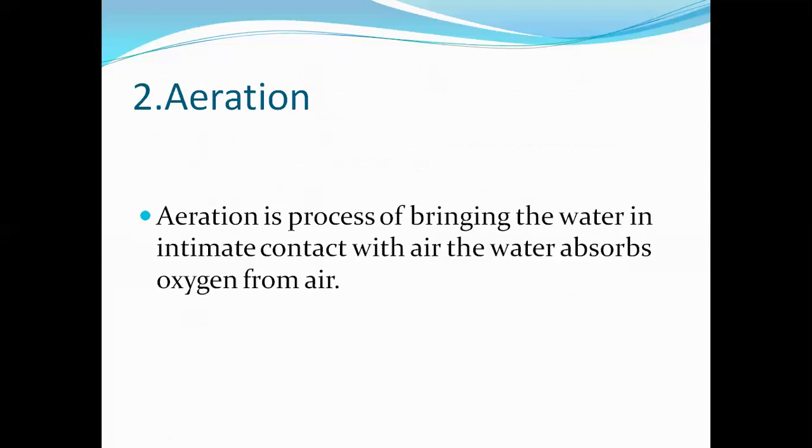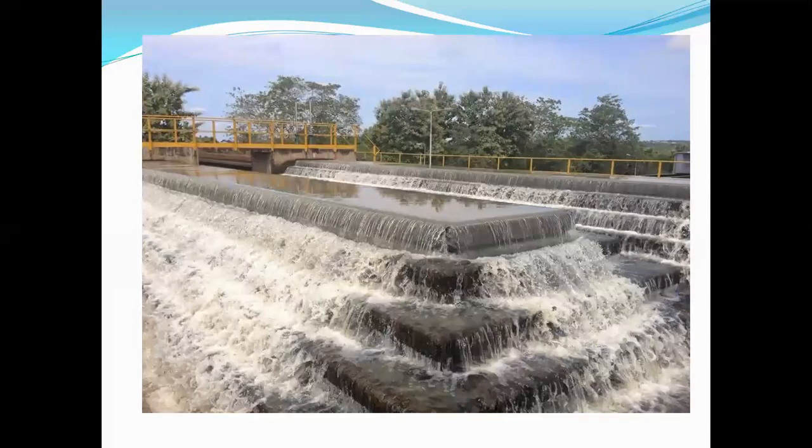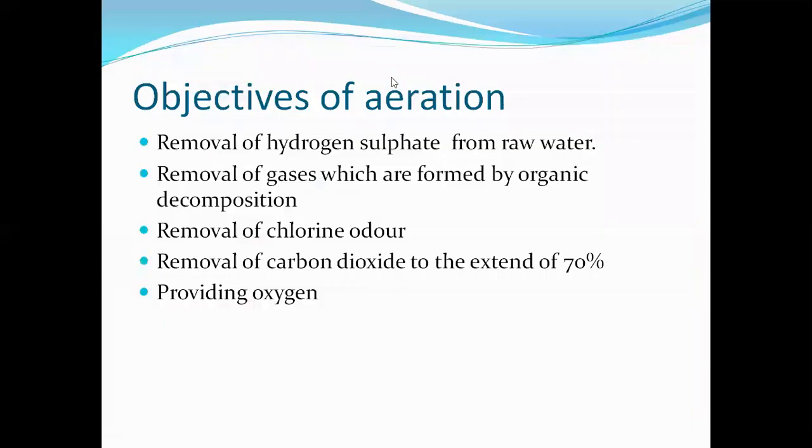Aeration is the process of bringing the water in intimate contact with air. The water absorbs oxygen from air. In the aeration process, water comes in contact with air and absorbs oxygen from the air. This is the picture of the aeration process.